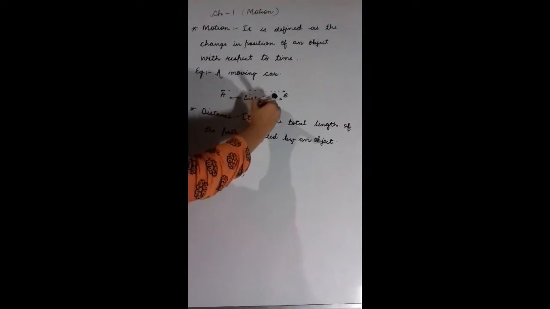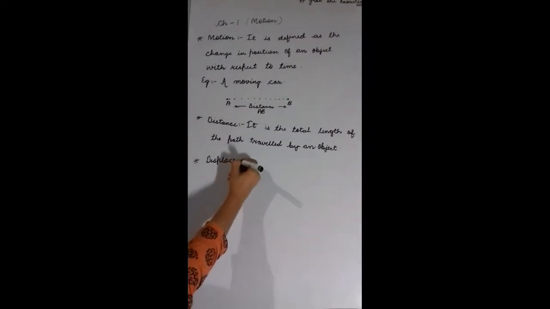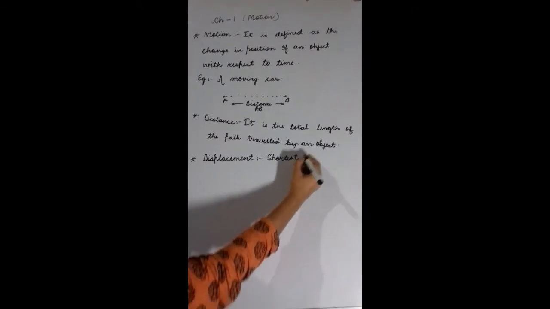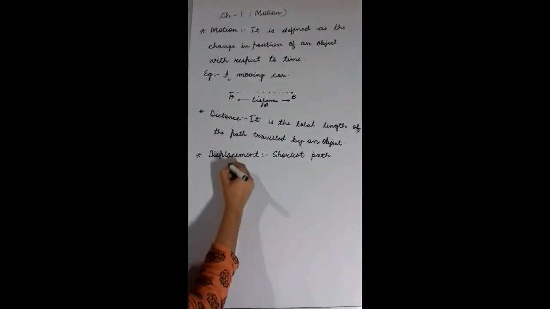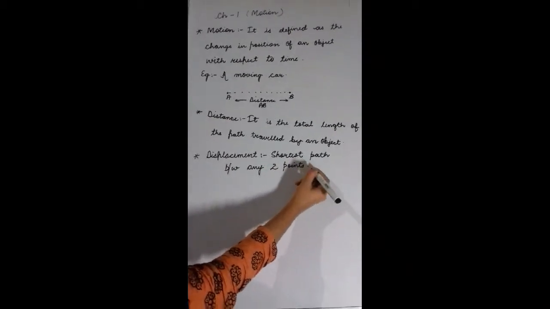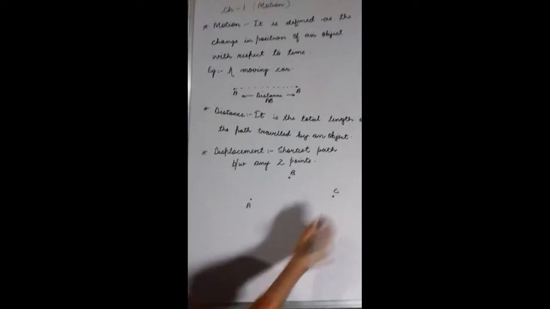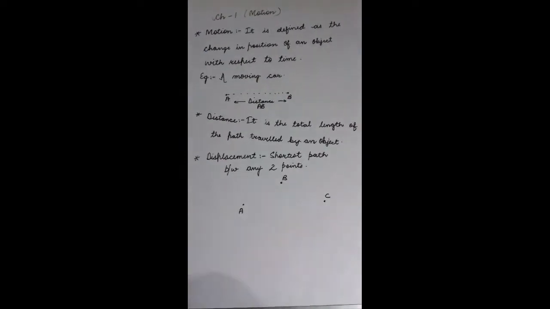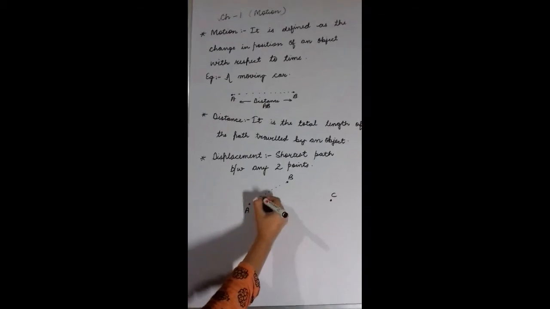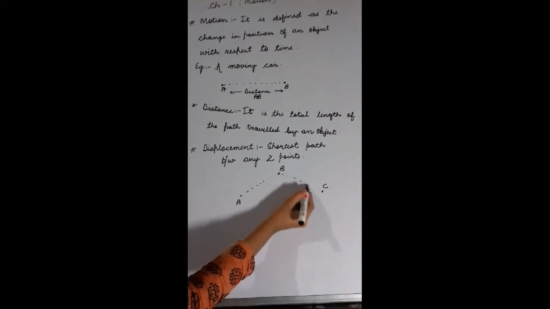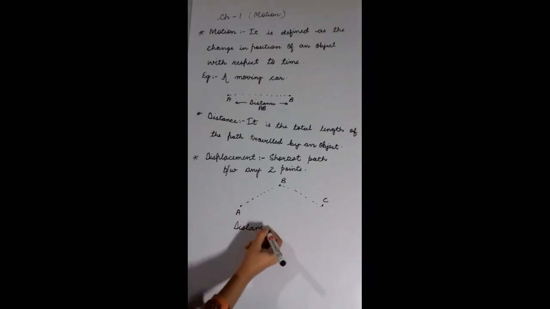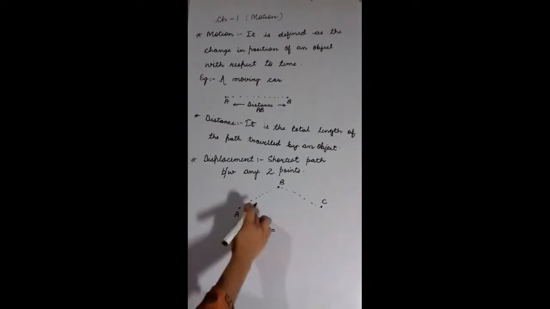There is another term similar to distance, and that term is displacement. What is displacement? It is the shortest distance or path traveled between any 2 points. To understand the difference between both of these, let's take 3 points A, B and C. If a person starts from A, reaches B, and then goes from B to C, what is the distance traveled by the person here?